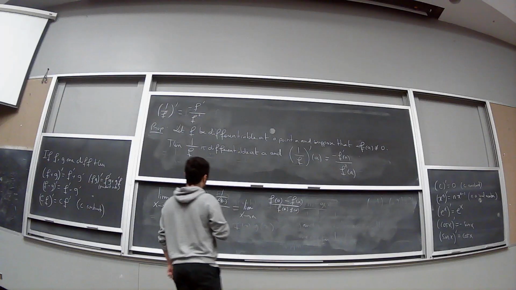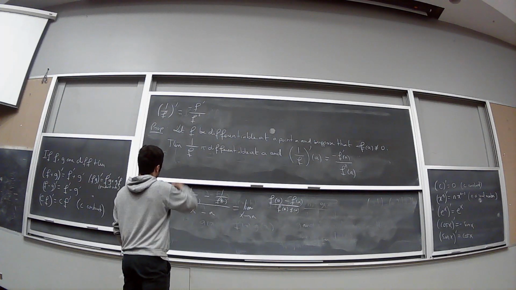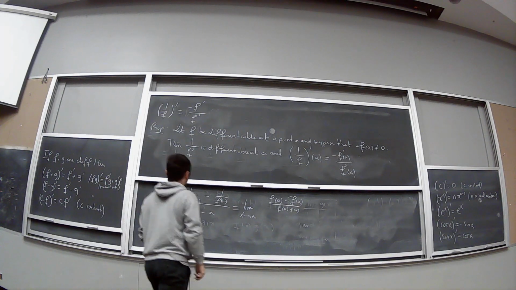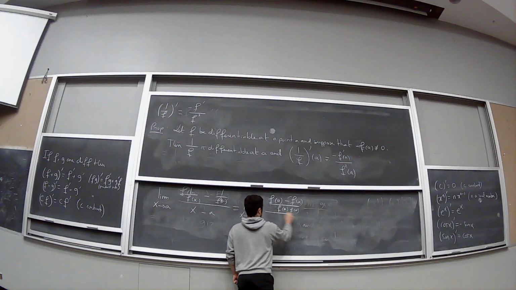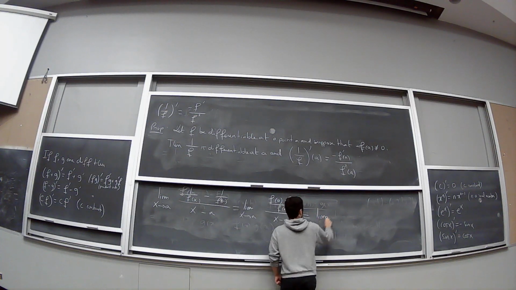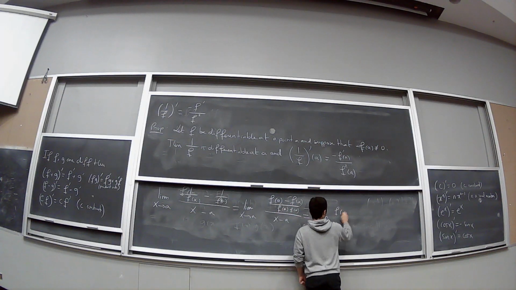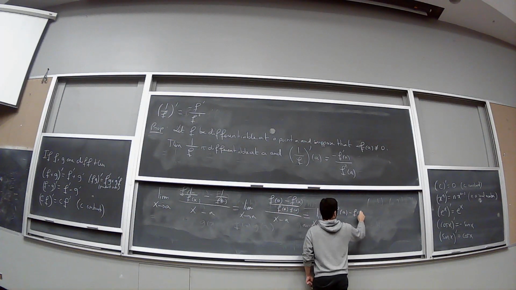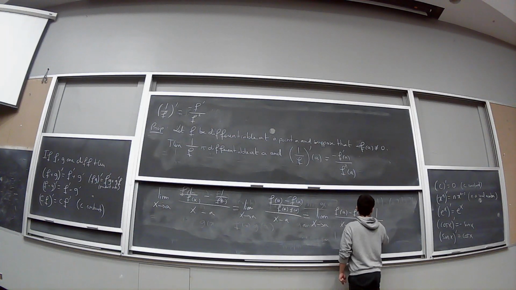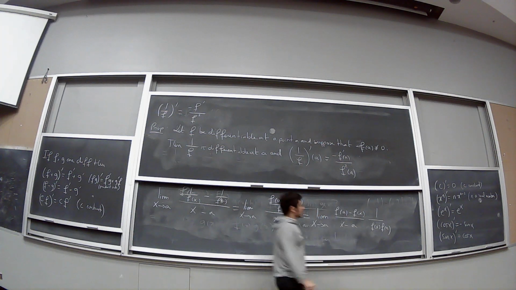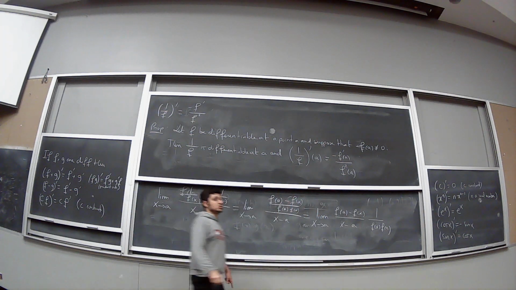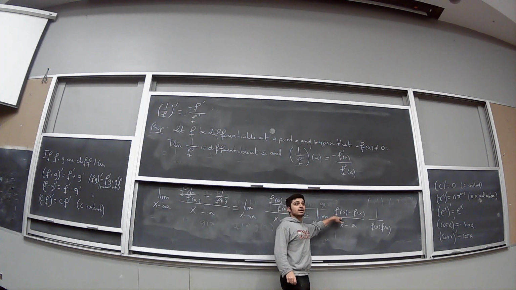So let's see, f of A minus f of x over f of A, f of x over x minus A. Let me write it in a nicer way. So I have f of A minus f of x over x minus A times 1 over f of x f of A.